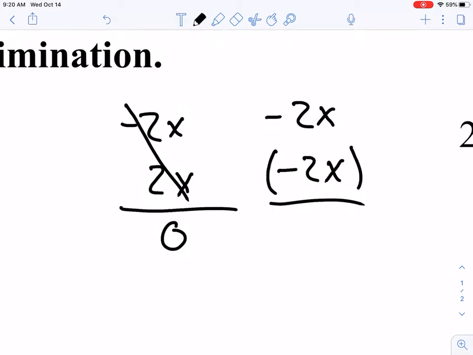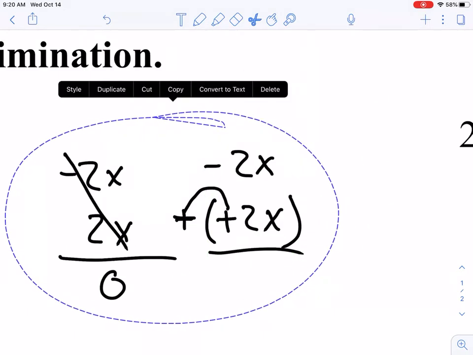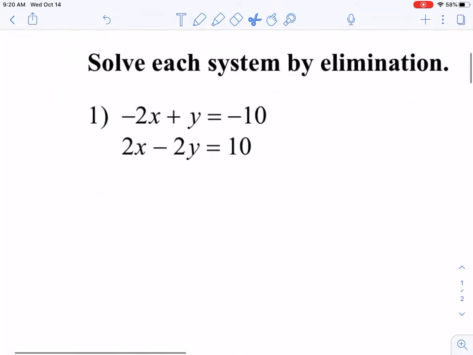If I were to subtract 2x minus a negative 2x, this negative affects this negative to make this positive, because a minus means the opposite of. So the opposite of negative 2x is positive 2x, and that's where we do slash and dash. So now these could be combined. So we're going to do that on a whole equation scale.